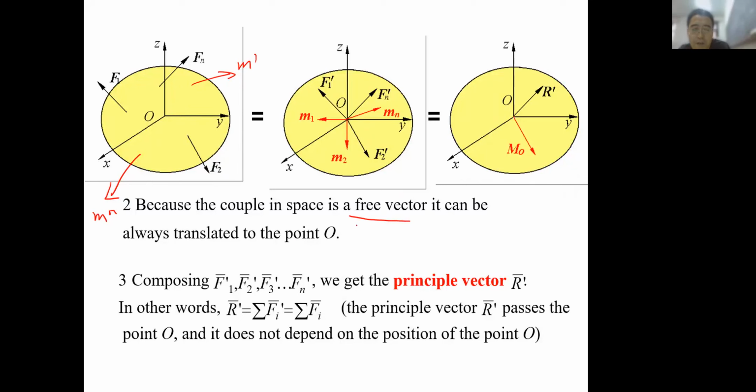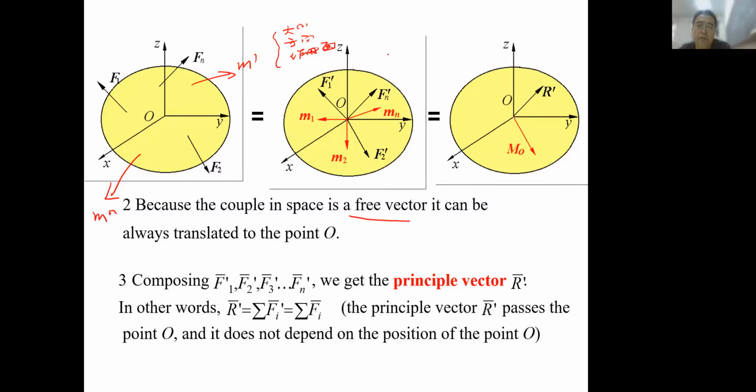Because this kind of free vector, a couple, has three factors: 大小 means magnitude, 方向 means direction, and 作用面, action plane, not action point.